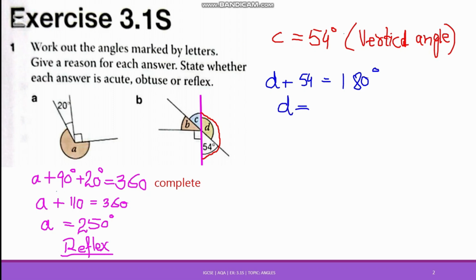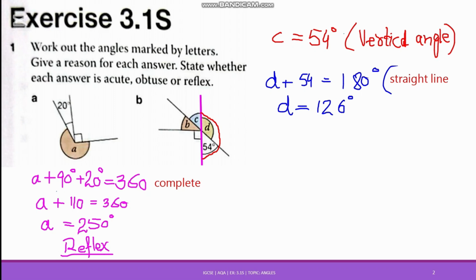We will subtract 54 from both sides, and then we will get the size of D, which will be 126. The reason here is that the angles on a straight line must add up to 180 degrees. So we'll just write down that we have used the property of a straight line. This could be the reason for the size of D.